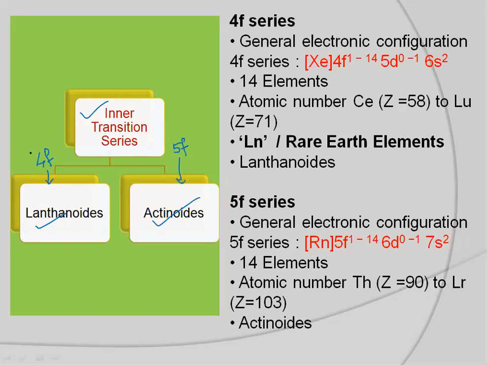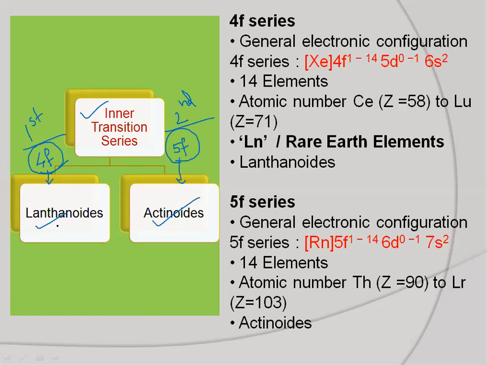Lanthanoids is also known as 4f series, and actinoid is also known as 5f series. Now lanthanoid is also known as first inner transition series, and actinoid is also known as second inner transition series. So this thing you have to remember.